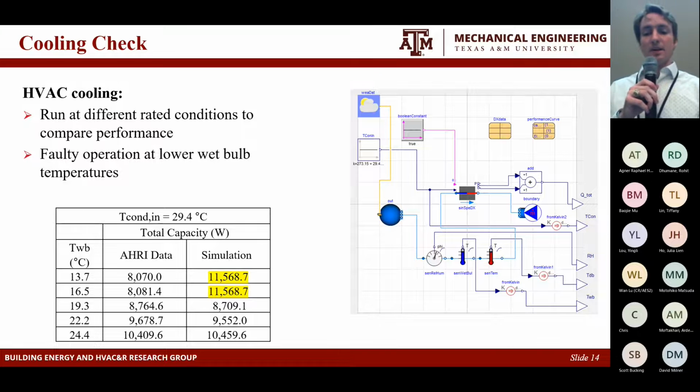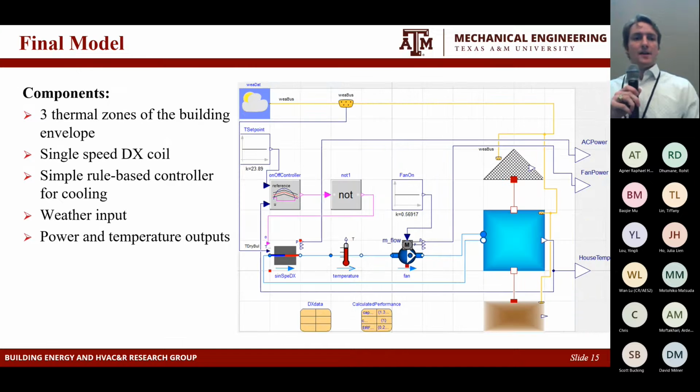So that is something that we have to check for low wet bulb temperatures at the evaporator. Going back to the performance curves, we didn't see that this was an issue with our performance curves as we manually calculated the cooling from that. So we know that it must be in our Modelica model.